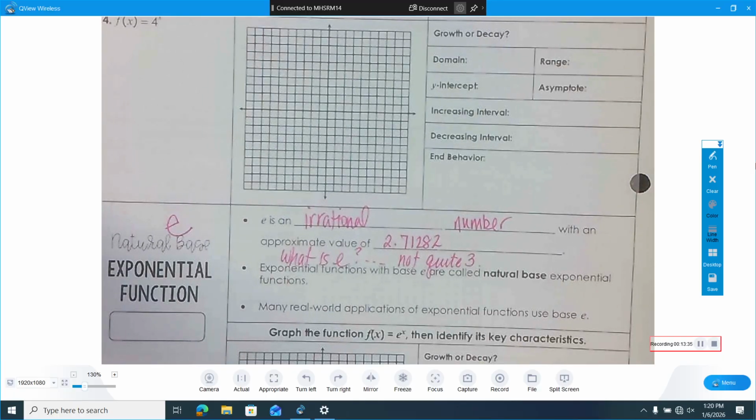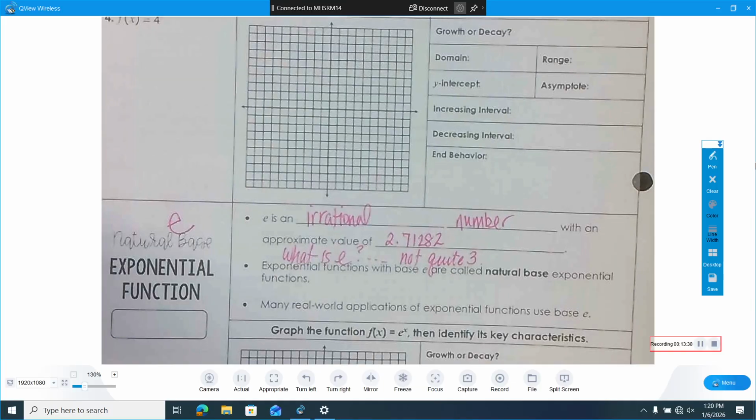This is the natural base number. It's called a natural base number because it actually occurs in nature. We watched a whole video on it in 8th grade math. They drew our Fibonacci spiral. This is related to e, and it is just really a pleasing number. It occurs in nature all the time.